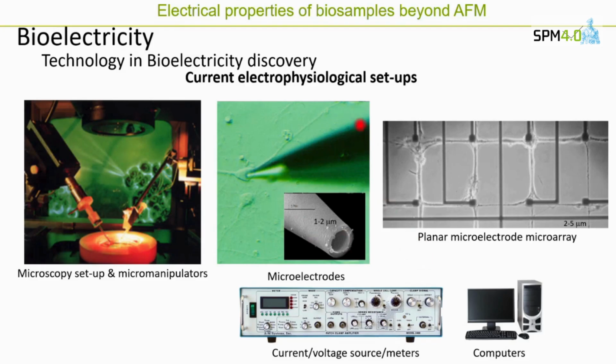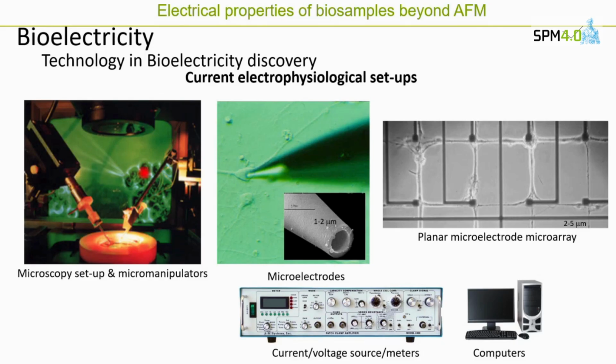This glass pipette is put in contact with the cell, and inside the pipette there is a silver chloride wire. Then you can measure the currents or voltages generated by the cell. Of course, you need a setup to make this contact: a microscope where, with micropositioners, you go there and contact the cell, and then you can measure both passive and active electrical properties.